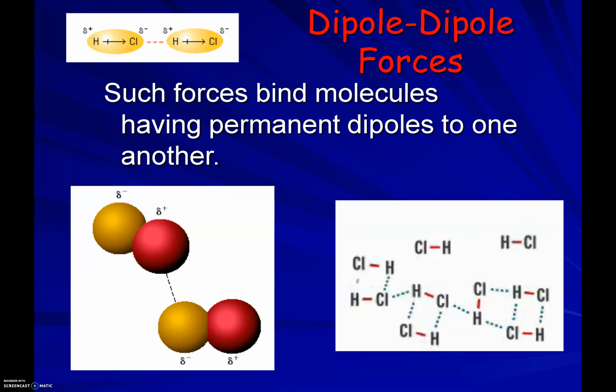And so we can see up here in the top left corner how hydrogen chloride, which is obviously a polar molecule because of chlorine having a higher electronegativity than hydrogen, has that attraction force between one another, and we can see how it lines itself up and creates this liquid. Because in the gas phase, remember, there are no intermolecular forces, and as we cool it, we're slowing it down, and we're allowing the HCl to interact, giving us the intermolecular forces that you see here.